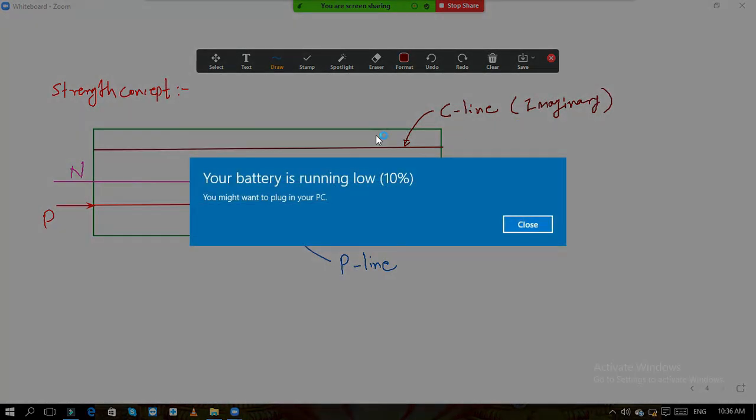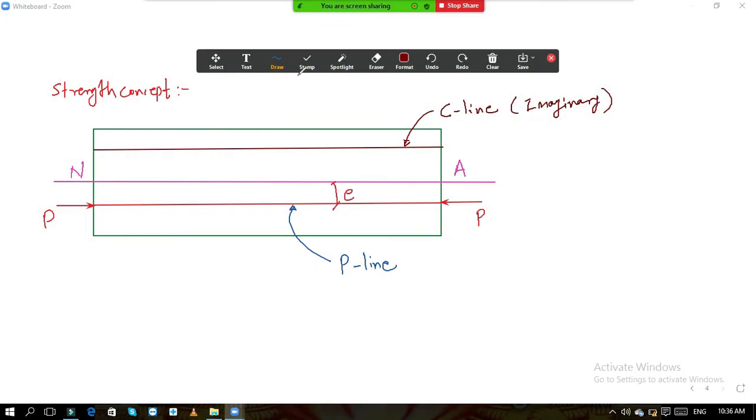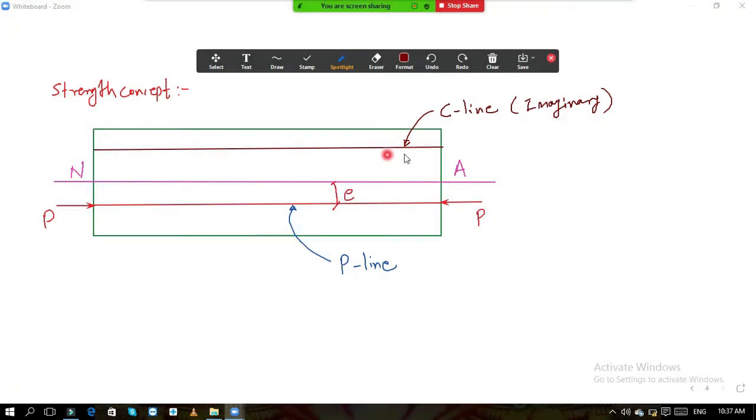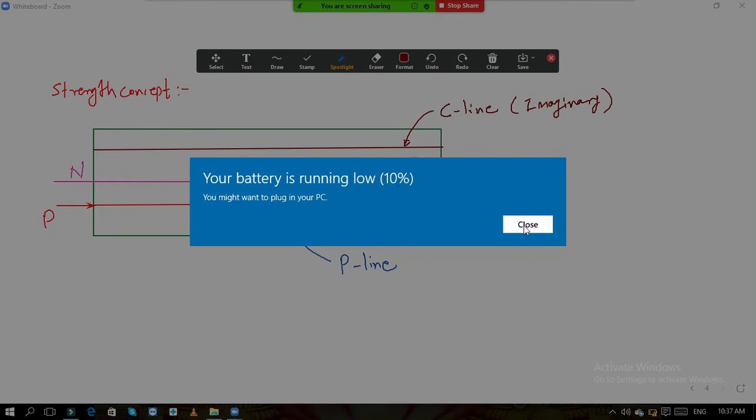Its position may be above the neutral axis, above the P line or below the P line. We don't know how to calculate that yet; we will see that in the numerical. For now just understand the concept: this line is the P line, and this imaginary line is called the C line.